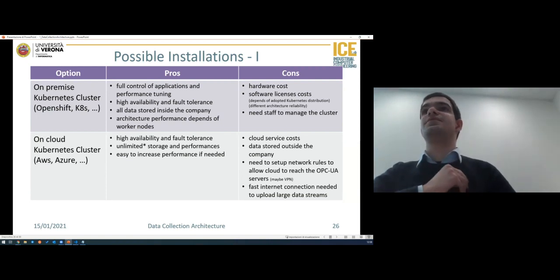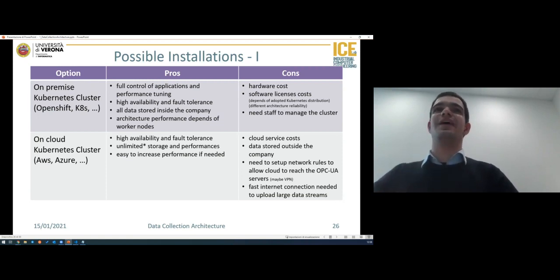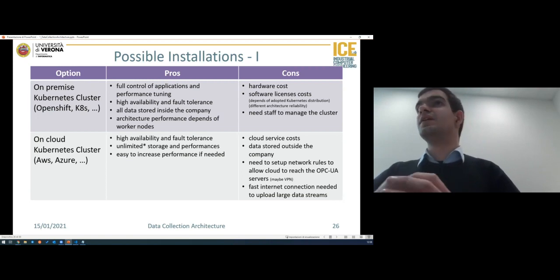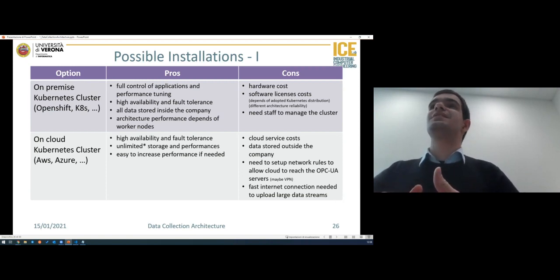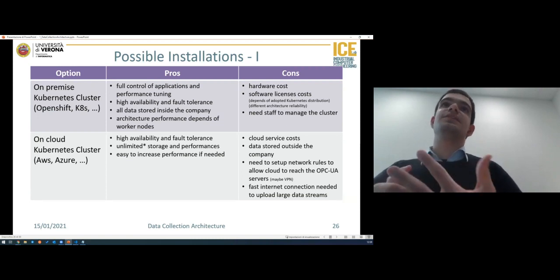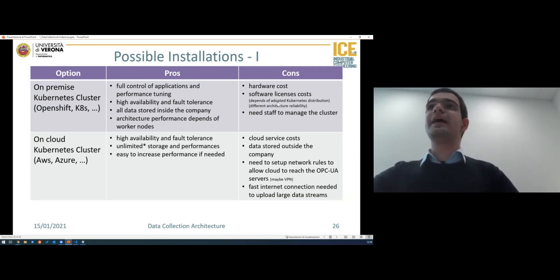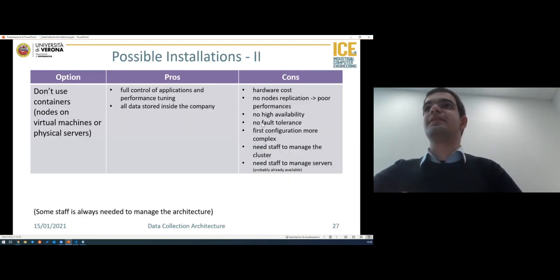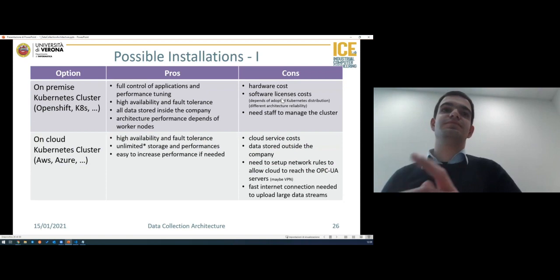For example, if the installation needs to be certified, or we are in a context in which an open source license, with the possibility of crashes or similar, is admissible. So it depends if a licensed version of Kubernetes is requested because we are in a critical environment. The cost of the software is very, very important. And clearly, since we have a server in the company, we need the staff that follow the system and manage it.